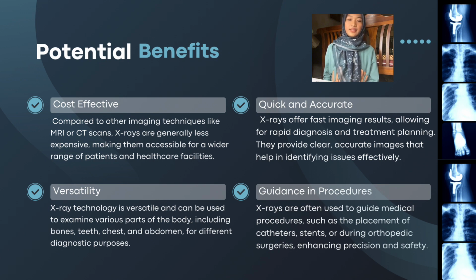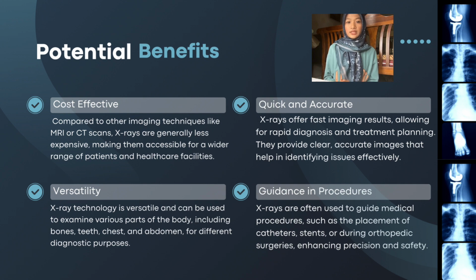Secondly, quick and accurate. X-ray machines offer the advantage of providing quick and accurate diagnostic imaging. Patients can undergo X-ray scans relatively quickly, with results available immediately or shortly thereafter. This rapid turnaround time enables healthcare providers to swiftly assess the patient's condition, make timely treatment decisions, and alleviate patient anxiety.